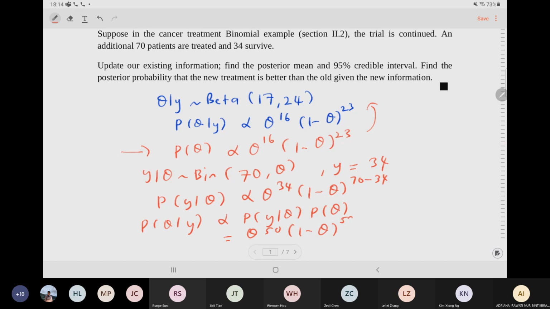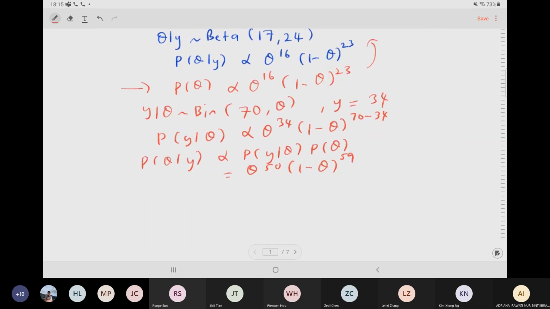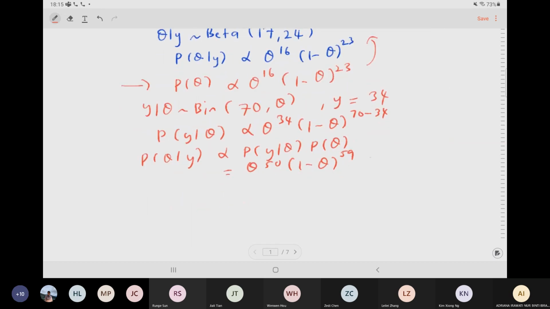If you compare it to a beta, this is the kernel of a beta 51, 60.